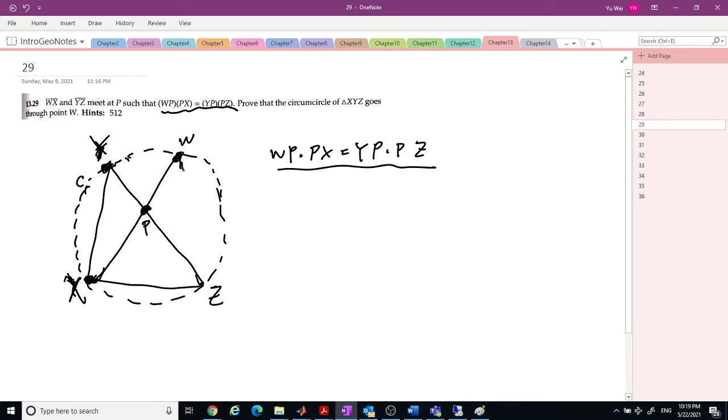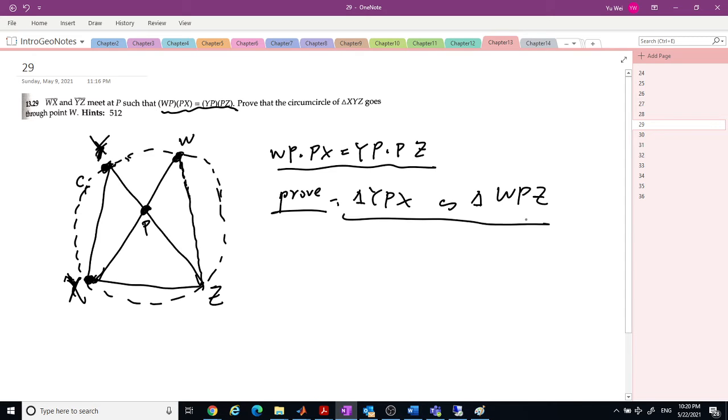Okay, so let's connect WZ. The goal is to prove that triangle YPX is similar to triangle WPZ. Let's rewrite it as YP over PX is equal to WP over PZ.